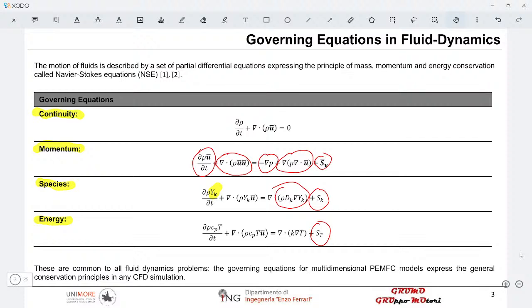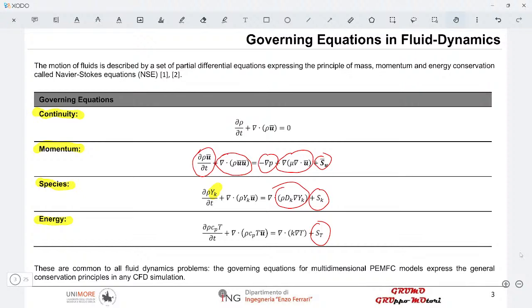Okay, so this was to resume a little bit the context that we are in, and the four equations that you see here can be applied to any CFD problem, and also to the fuel cells problem. Now we will see how this can be specified for the solution of fuel cells using CFD.